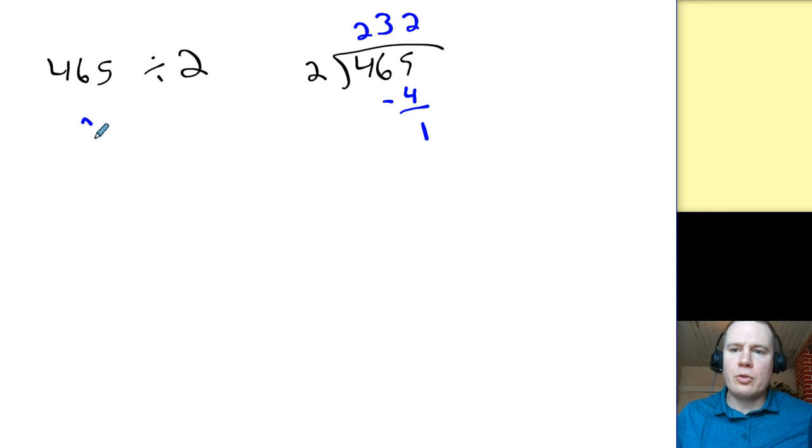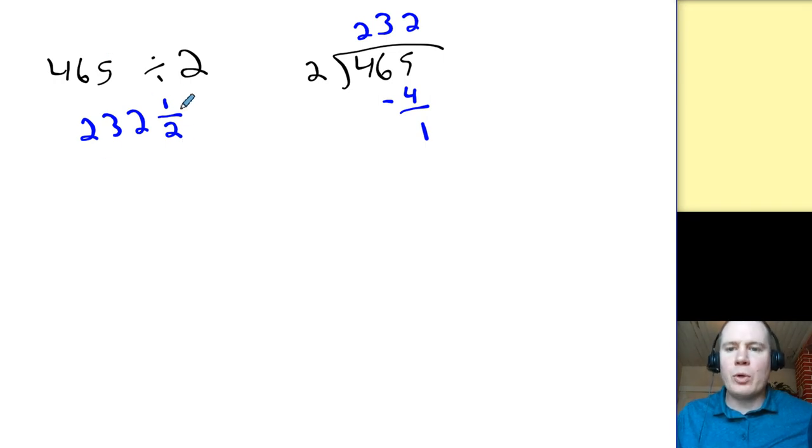I get 232, and that 1 is still being divided by 2. 232 and a half. 464 divided by 2 is 232. That extra 1 still being divided by 2.